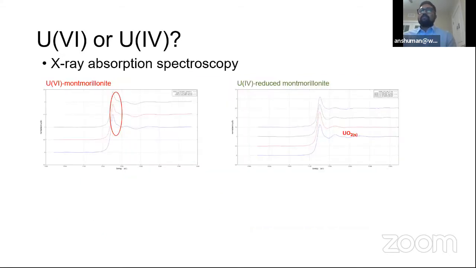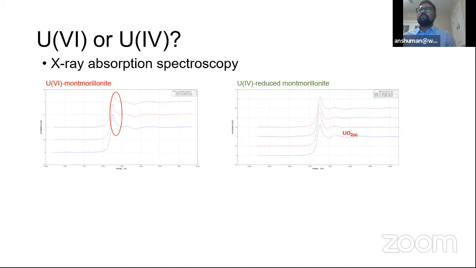So how do we know whether our solid has U6 or U4? A very powerful tool for oxidation state analysis in solids is X-ray absorption spectroscopy.